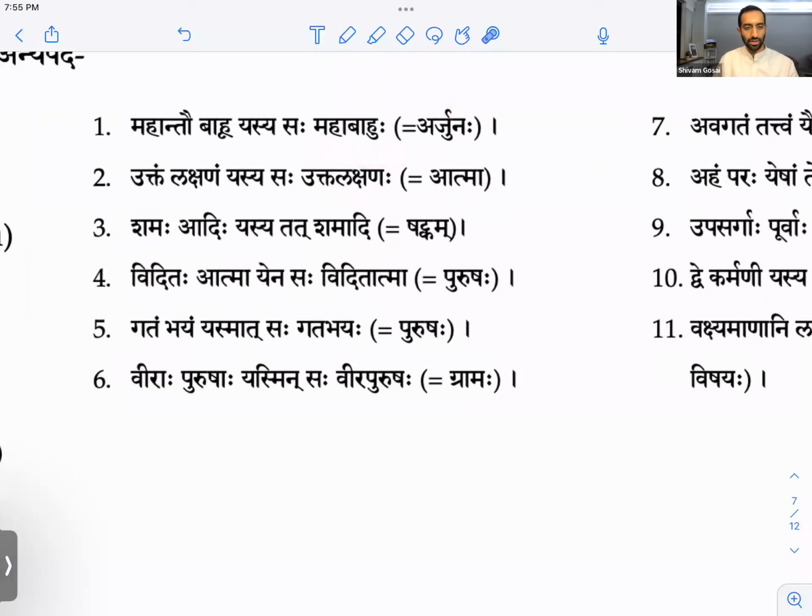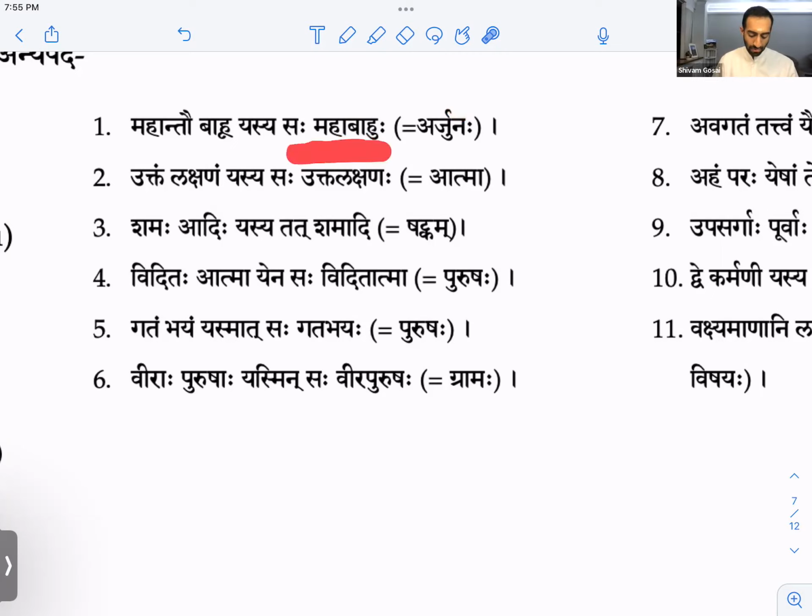Okay. So it's not referring to the first word or the second word, but it's actually referring to something else. And so the gender, usually the number as well, goes along with that Anya Pada. Okay, so Mahabahu, the gender and vachana of what?